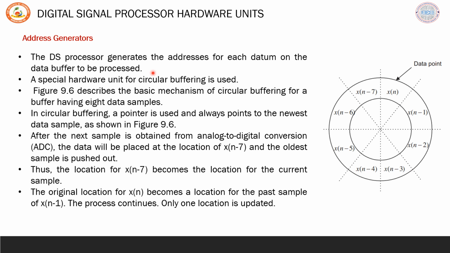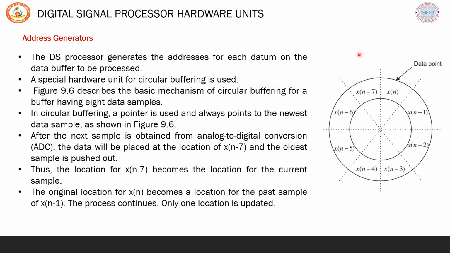Now, this mechanism can be done in a very simple way by going with the circular buffer. The concept of circular buffer is very simple. Once it starts storing, the circular buffer has a starting point and it definitely has an end point. You start saving data in a sequential manner. As soon as you reach the end, you again start from the very beginning.